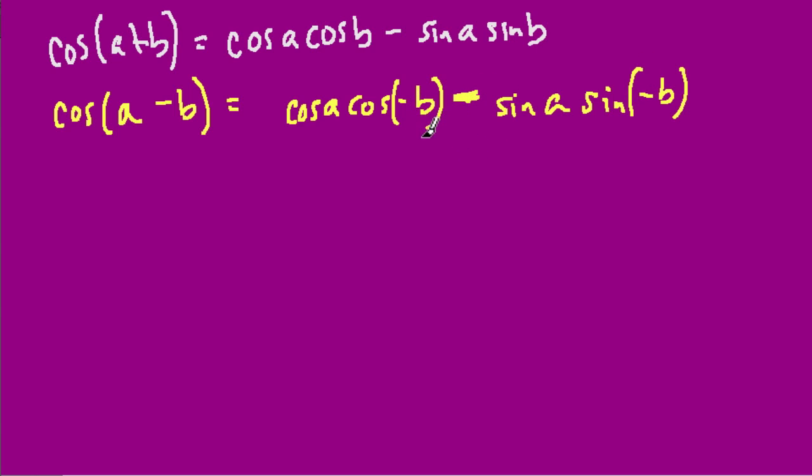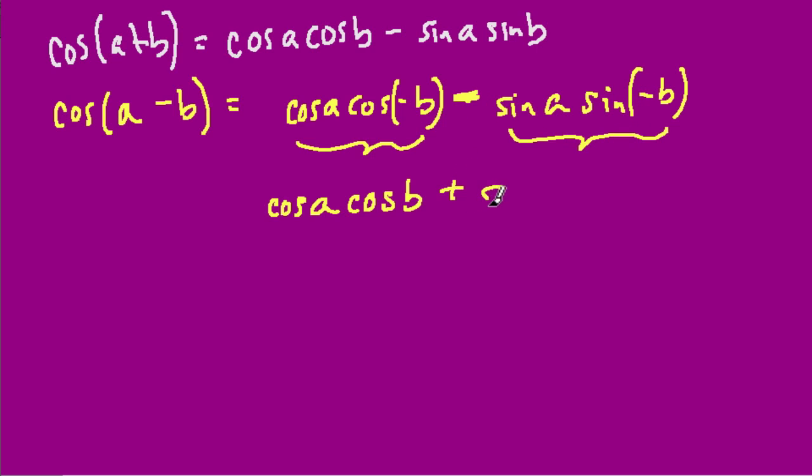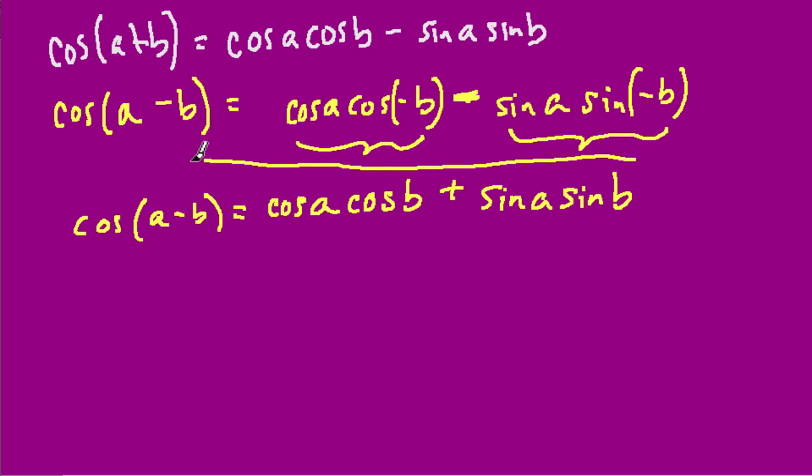Well, this first term, just like before, the cosine of negative B is equal to the cosine of B. Now we have minus sine of A, sine of negative B. Well, sine of negative B is just equal to the negative sine of positive B. So this, in fact, becomes a plus sine of A, sine of B. And that equals the cosine of A minus B. That's another identity that we can use.